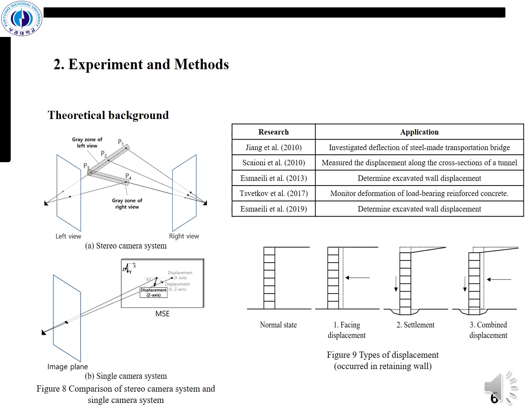Through this, the behavior of the retaining wall structure can be analyzed based on the image of a single viewpoint, as there is no spatially unclear area, gray zone, even at a single viewpoint, as shown in figure 8b. Figure 9 shows the displacement types used in this study: normal state, basic displacement, settlement, and combined displacement were considered.